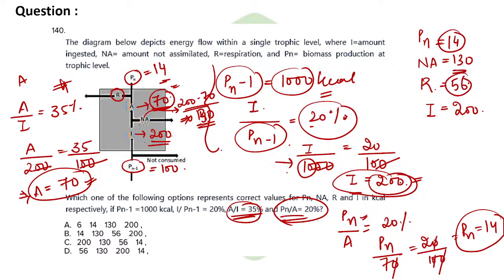So I can easily reach the correct answer without putting in any other formula, as option B, because Pn is 14, Na is 130, R is 56, and A is 70. Just look into the options given and you can reach the correct answer as option B. The question might look very elaborate and difficult, but the question is very easy. Very good, Amir.